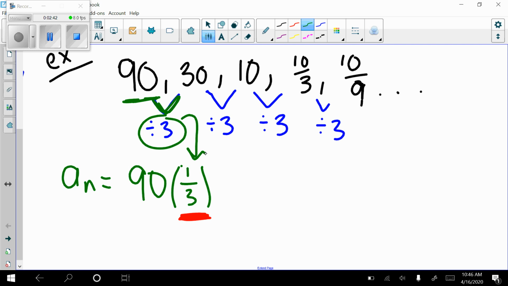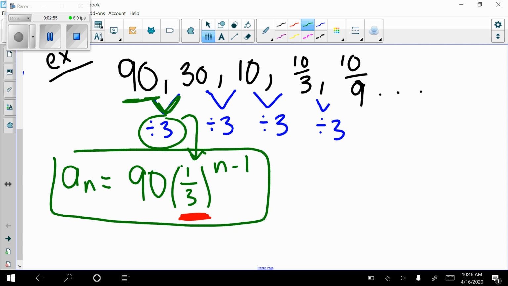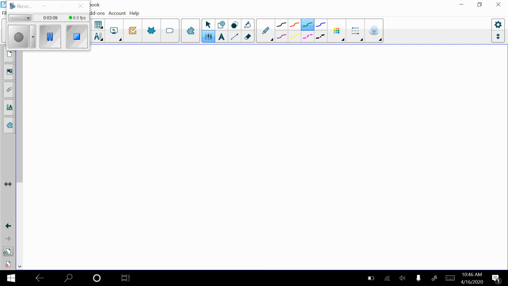That's why we have to say multiply by 1/3 instead of divide by 3. And then n minus 1 is still that exponent on top of it. So this is the equation for the pattern of this sequence. And again, the weird part is just writing it as a multiplication each time.